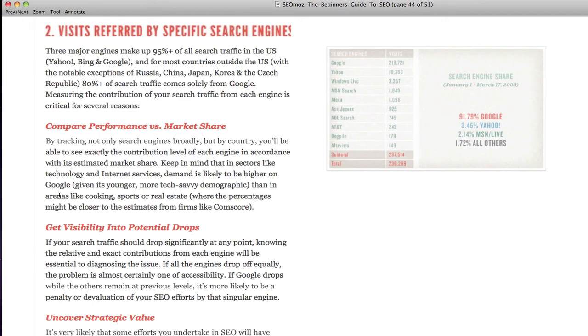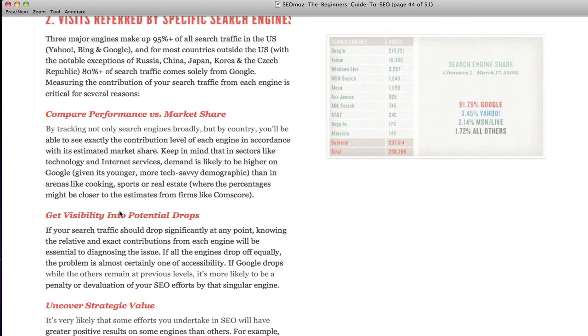And you want to keep in mind also that different search engines have different characteristics. So if you're into technology and internet services, if that's the nature of your business, you're likely to get higher traffic numbers from Google because Google has a more tech savvy demographic. So if your site is about cooking, sports, and real estate, then you're going to be closer to the kind of normal benchmarks that those search engines return.